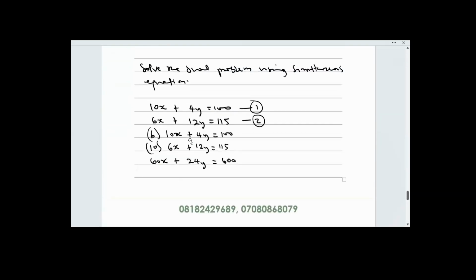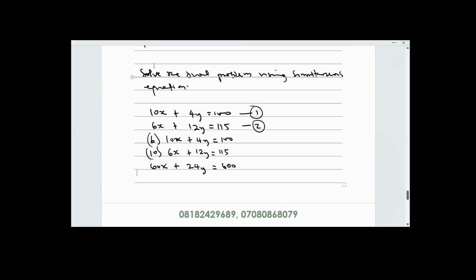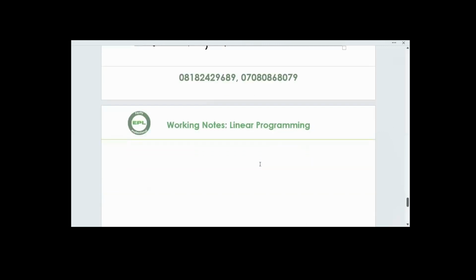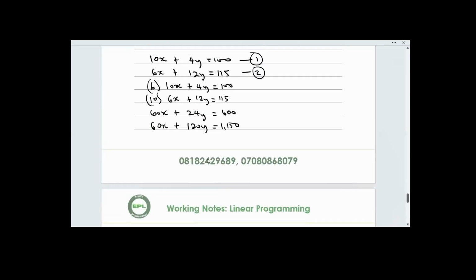Anyway, let me just go ahead. So here I said 6 multiplied by that's 60x. The other one also 60x plus 120y equal to 1,150. All right. So let's go ahead. So this will cancel this.